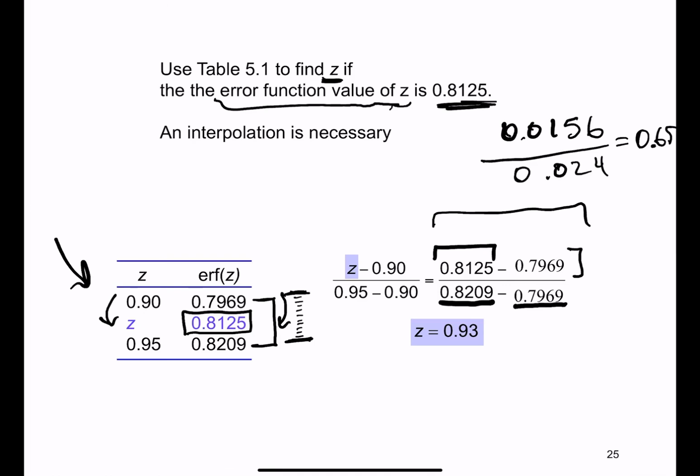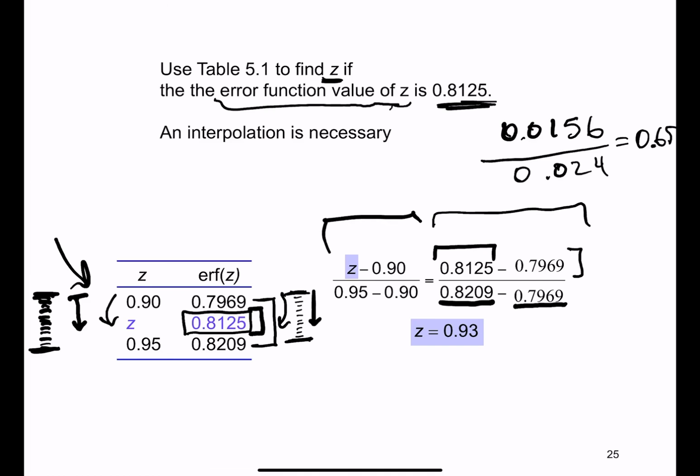So it looks like the value of 0.8125 is about 65% along the way to the next entry. So that means that our z value is 65% along the way between 0.9 and 0.95.